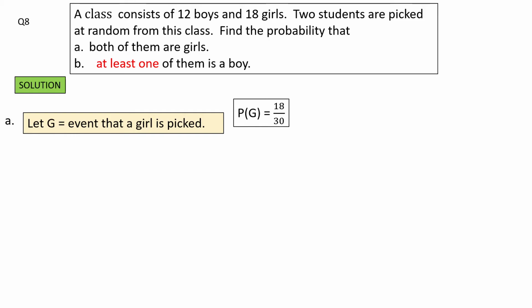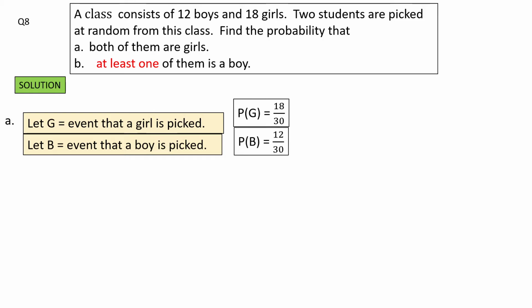That's why the probability of a girl here equals 18 over 30. Next, let B be the event that a boy is picked. So probability of a boy equals 12 over 30. The number of boys is 12, so 12 over the total number of students in the class, 30.